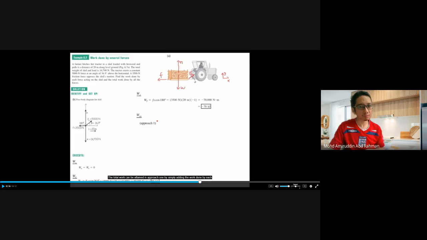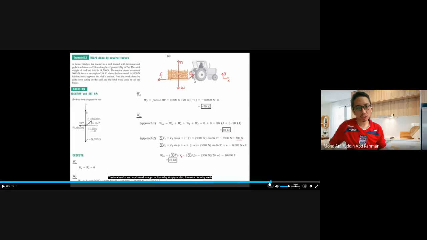So you have two ways to calculate the total work. The first way: the work in the right direction is 80, and you subtract 70, so you sum up all the work and get 10 kilojoules.